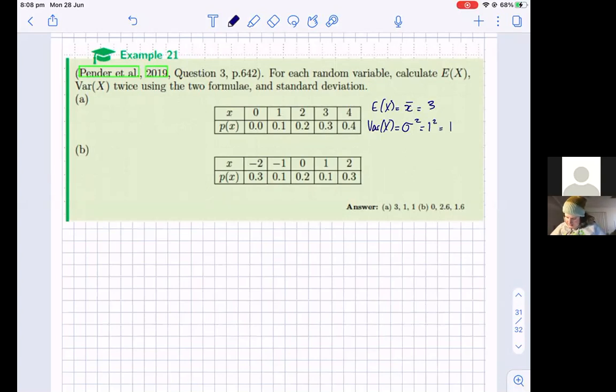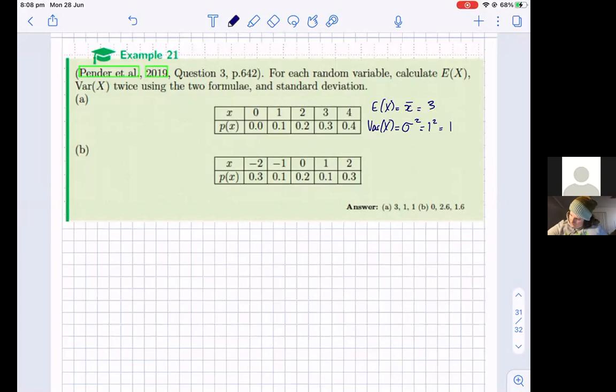Okay, for my next table, we've got -2, -1, 0, 1, 2. Let's put in those probabilities as relative frequencies, 0.3, 0.1, 0.2, 0.1, 0.3.